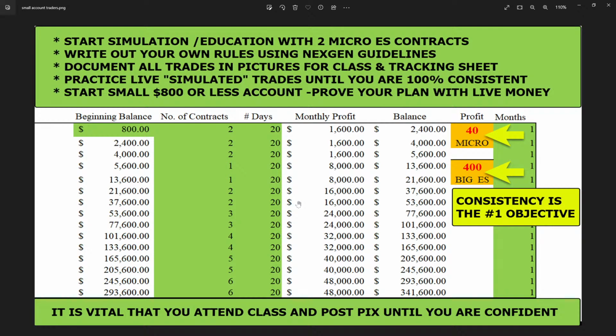Anyway, when you're brand new, you're going to start off writing out your plan, your checklist, your rules, using all of our stuff. You're going to document your trades in pictures and post them in the class, and you're going to get feedback on your trades, what you do right, what you do wrong.